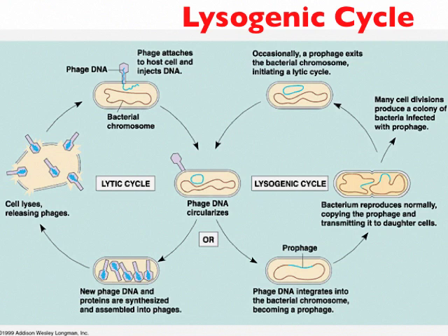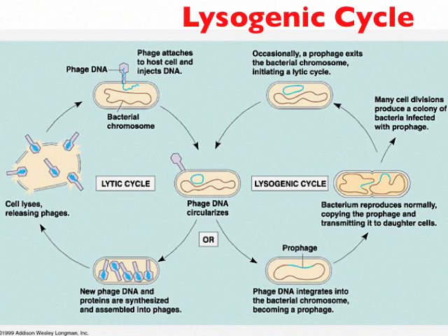Here we see the lysogenic cycle with a phage virus. Okay, remember, phage are viruses that attack bacteria, and phage literally means to eat. So these are viruses that only target bacteria. So you see the phage starting on the upper left side. The phage virus inserts its DNA into the bacterium. The bacteria then replicates that phage DNA multiple times.